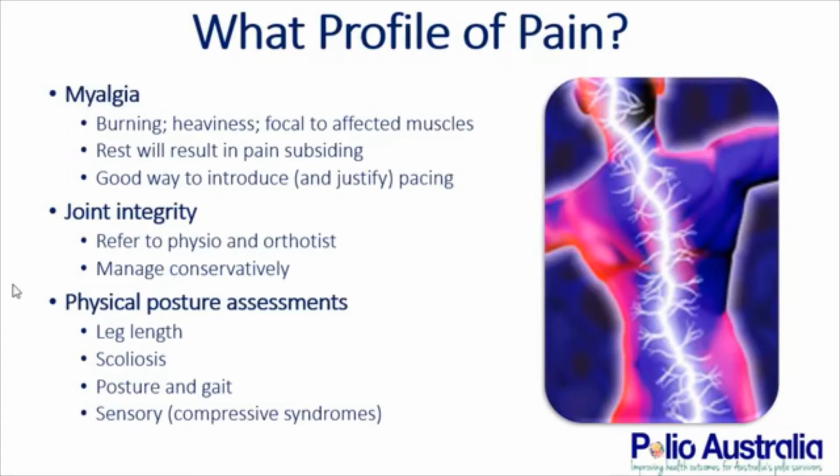Changing the way that someone does their dressing and personal hygiene can reduce strain on different joints. That strain pain that may be cumulative over the day can be reduced by modifications.